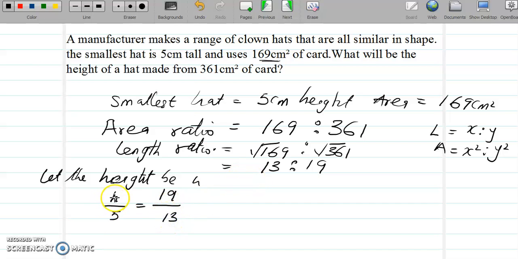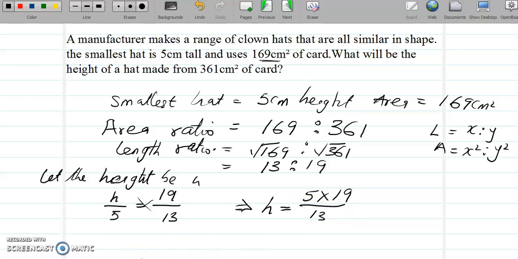Height big one, h, height small one, 5, ratio big one, 19, ratio small one, 13. You see how? Now from here I have to cross multiply, and that gives me that h will now be this times this, 5 times 19 over 13.